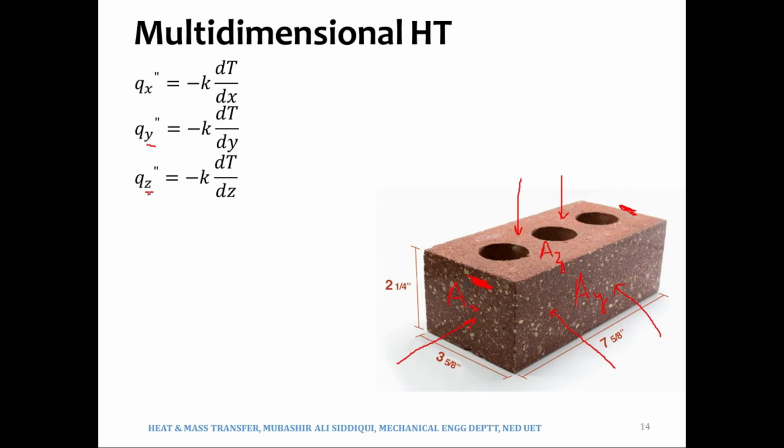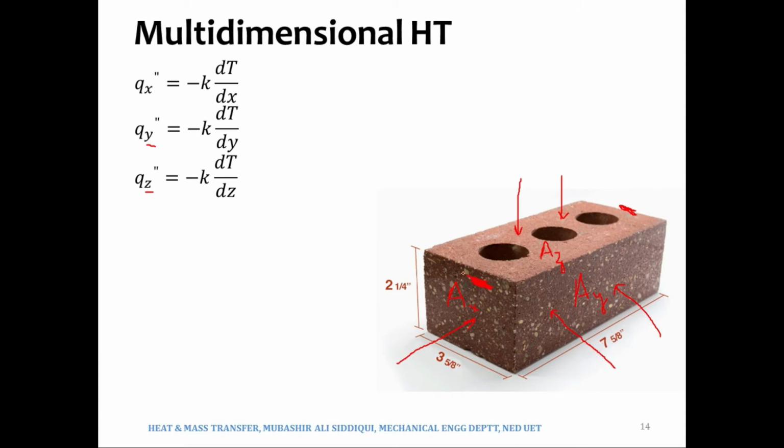Depending on the temperature differences and depending upon the thicknesses of the medium, delta X and delta Y and delta Z. Right? So over here, depending upon the variation in temperature in x direction, the heat will flow.